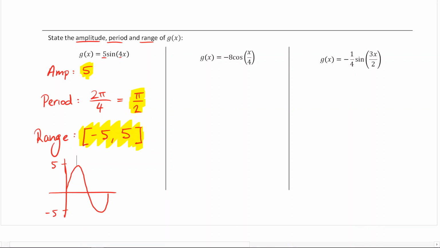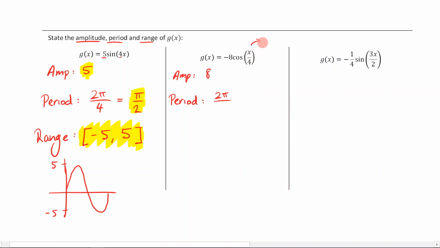All right, let's go through the next one. Now it's important here to realize that I have -8, but my amplitude is never going to take into consideration the negative. It's just going to be 8. So that's very important, that we don't care about the negative there when stating our amplitude. The period here is going to be 2 pi over. Now what's in front of my x here?